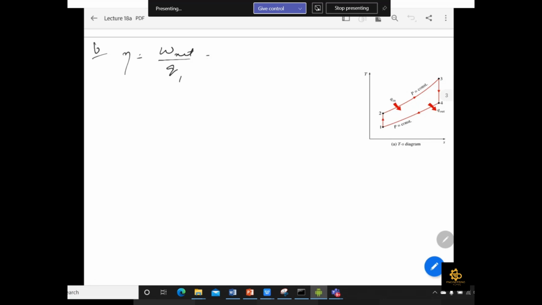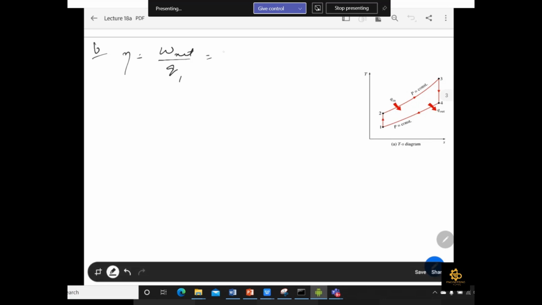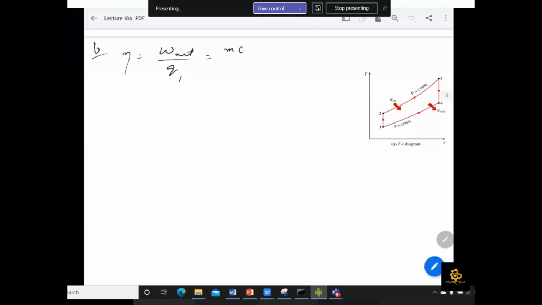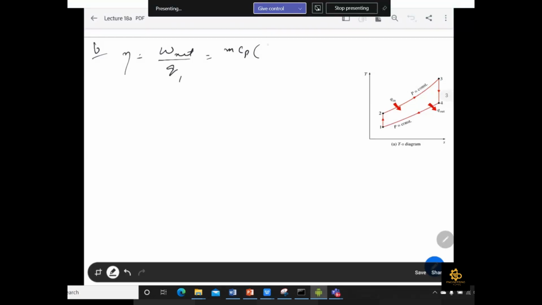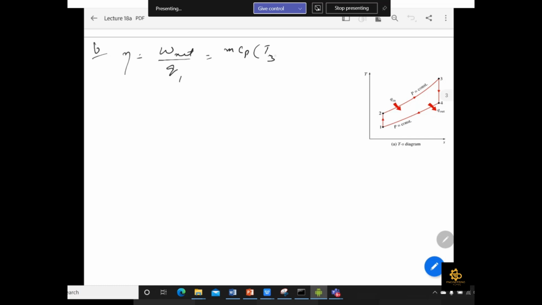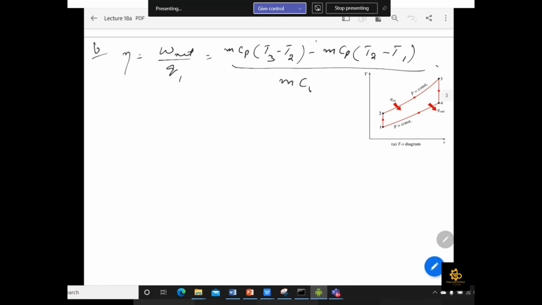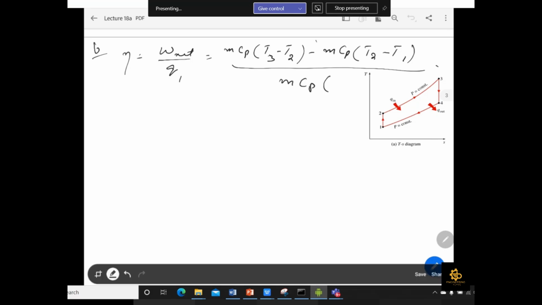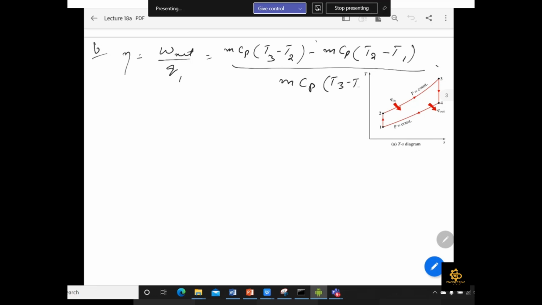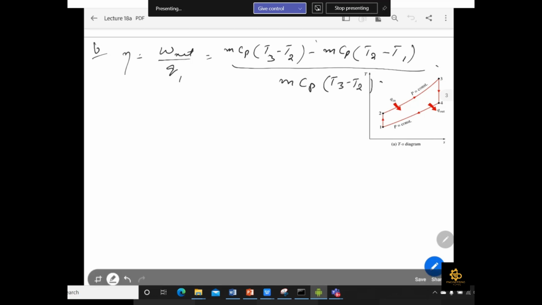So from here we can simply say it is m Cp (T3 minus T2) minus m Cp (T2 minus T1), which is the compressor work, divided by m Cp (T3 minus T2). This is another form of the equation.